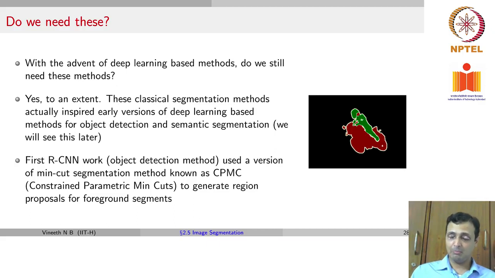For the initial methods of deep learning for object detection, these kinds of segmentation methods were actually used to generate what were known as region proposals where the objects could lie. As I said, one of the first R-CNN, which is a region CNN work that was used for object detection, used a min-cut segmentation method known as CPMC, constrained parametric min-cuts, to generate region proposals for foreground segments. We will talk about this in detail when we come to that section of this course.